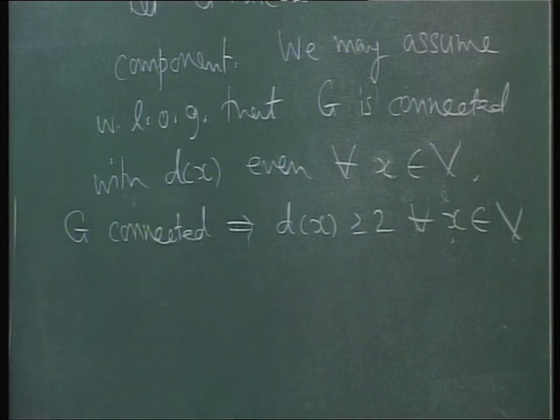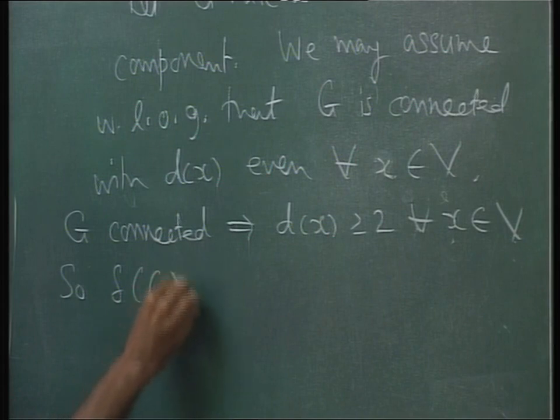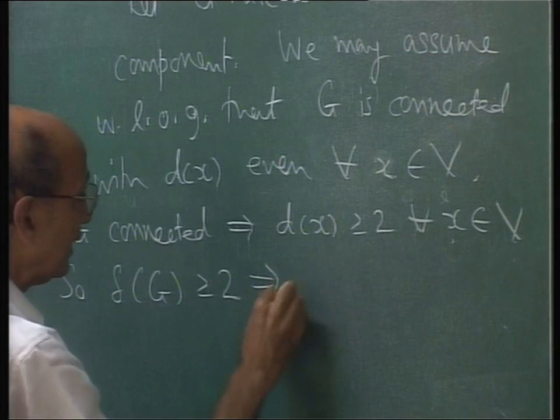Therefore, the minimum degree is at least 2, which implies that G has a cycle.